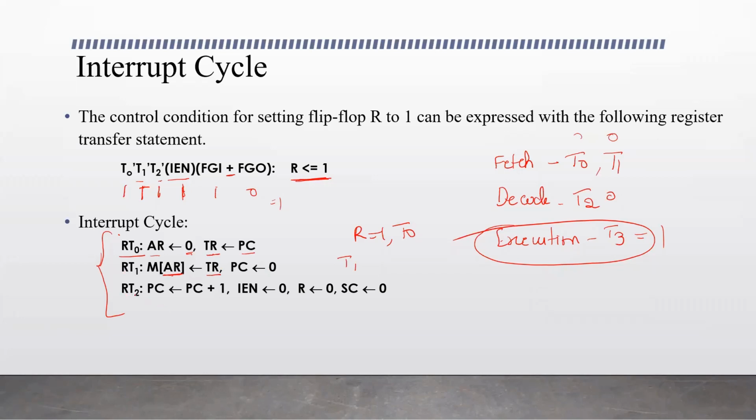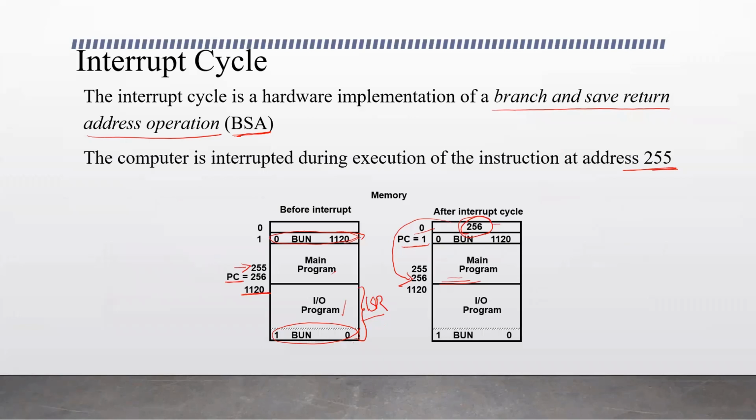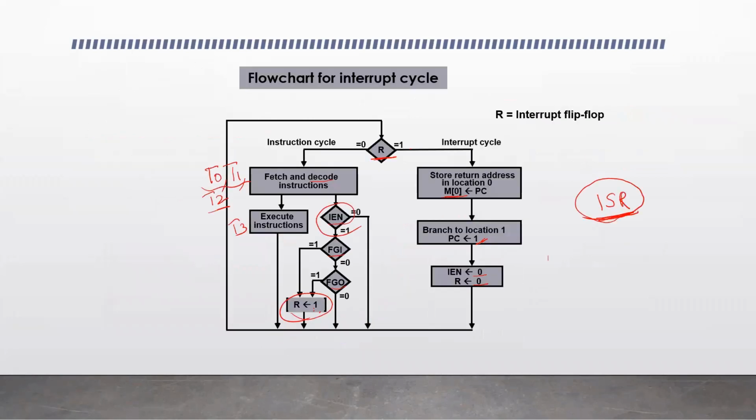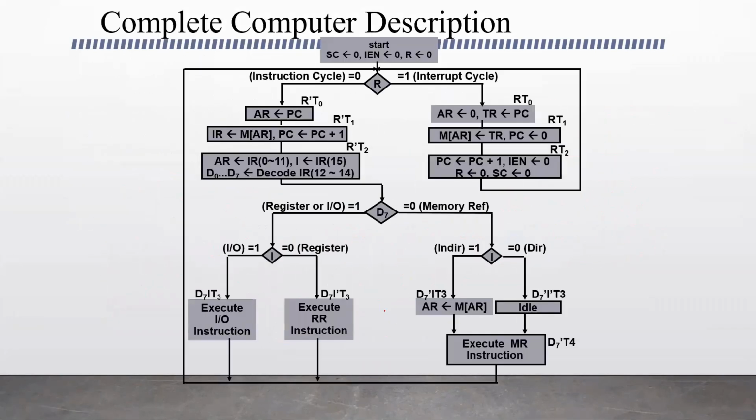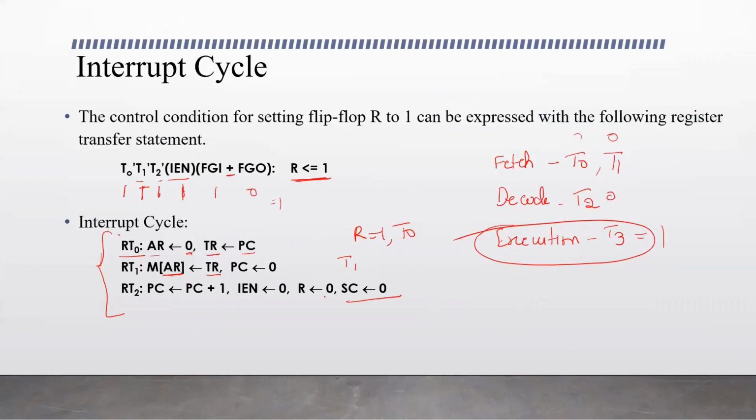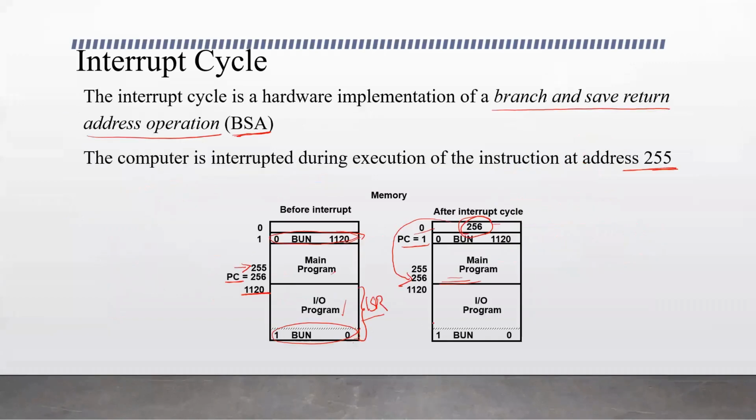When R is 1 at time T2, PC is incremented. PC is set to 0 first and then incremented by 1, so the next instruction will be at location 1. After this is done, IEN is set to 0 and R is set to 0.